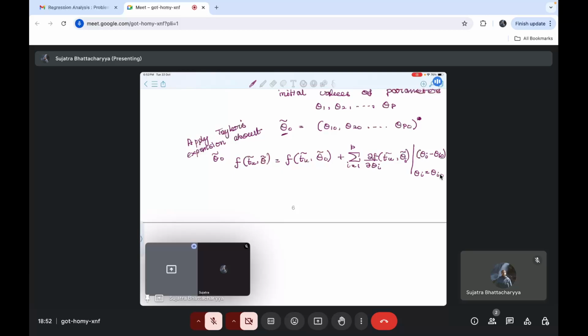Because ultimately you are performing the Taylor series expansion about θ_0, θ_i^0 will be the reference for the ith parameter. We have assumed all the parameters, and also assume that the higher order terms are 0, neglected. So remember, higher order terms are neglected.